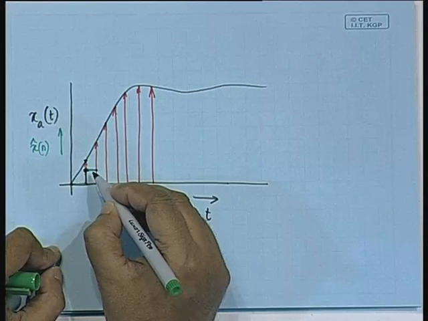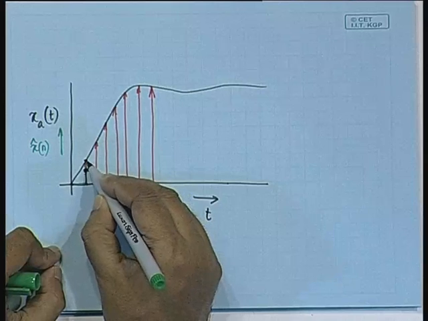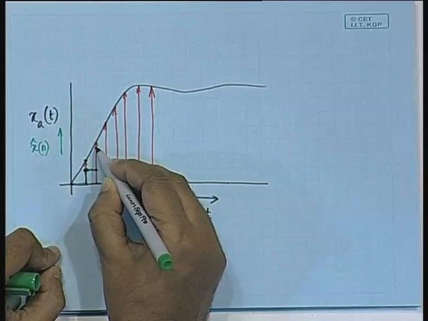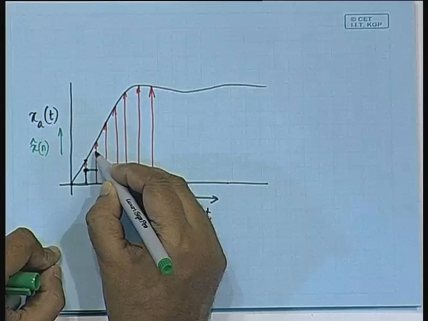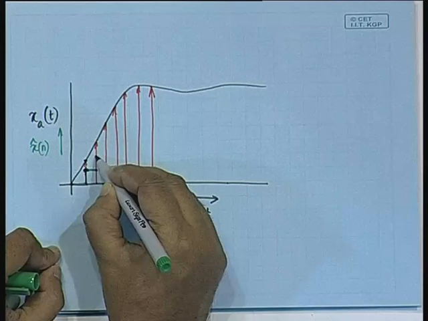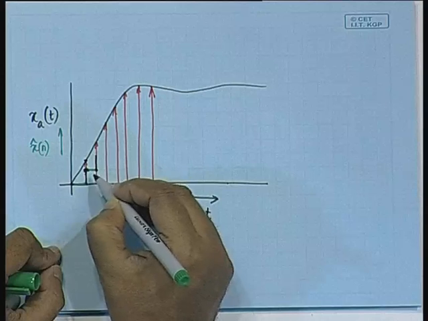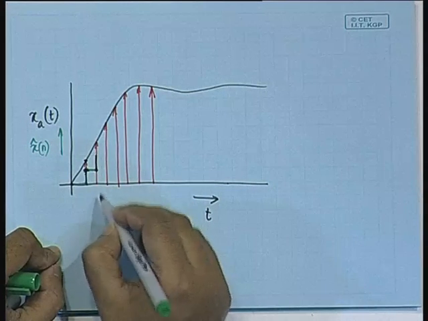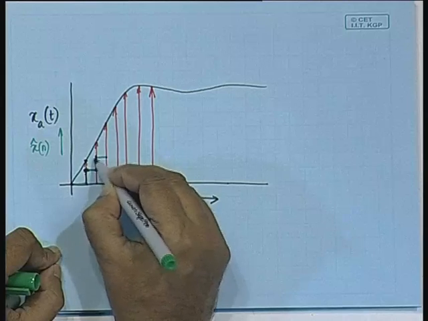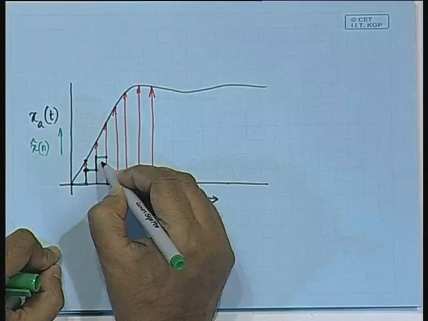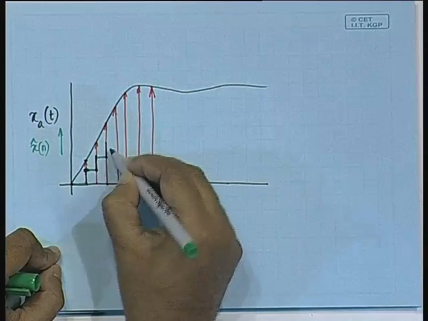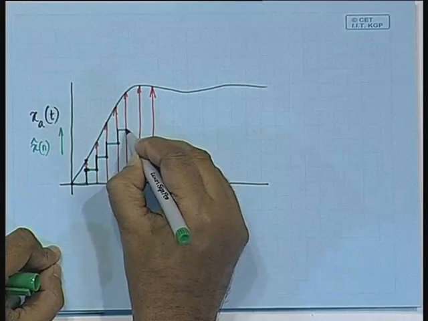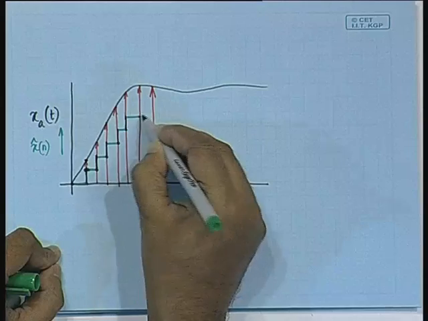When the next sample arrives, the previous sample is this. Based on this, it is going to predict the next sample. So, the next sample will have yet another increment by delta in its estimate. Now this becomes 2 delta. Then the next sample will be like this, the next like this, the next like this.